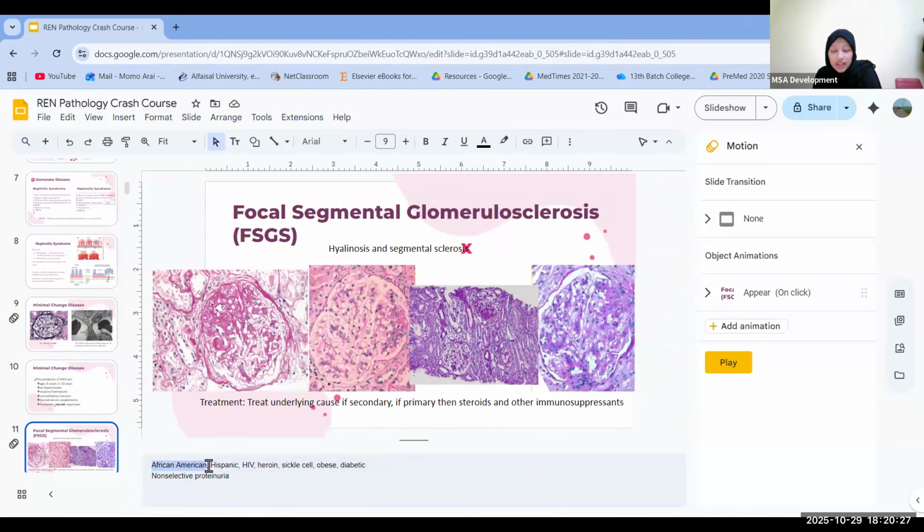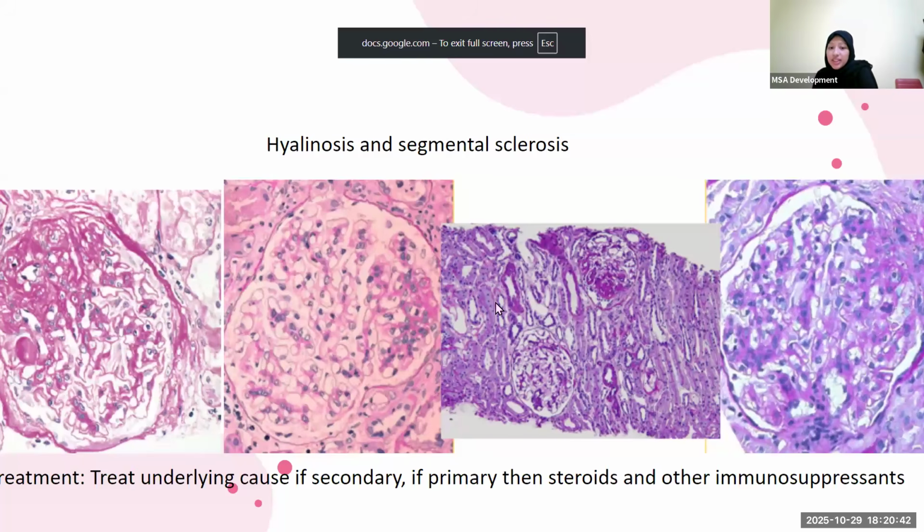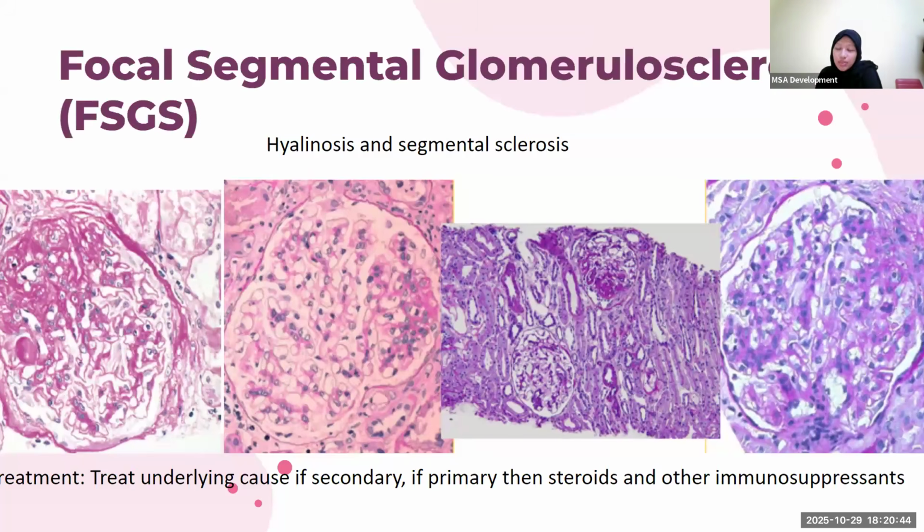African Americans are higher risk, Hispanic population, HIV, heroin, sickle cell, obesity, and diabetic patients are at risk of FSGS. And the protein that is lost is not specific to albumin. It is a loss of general proteins.